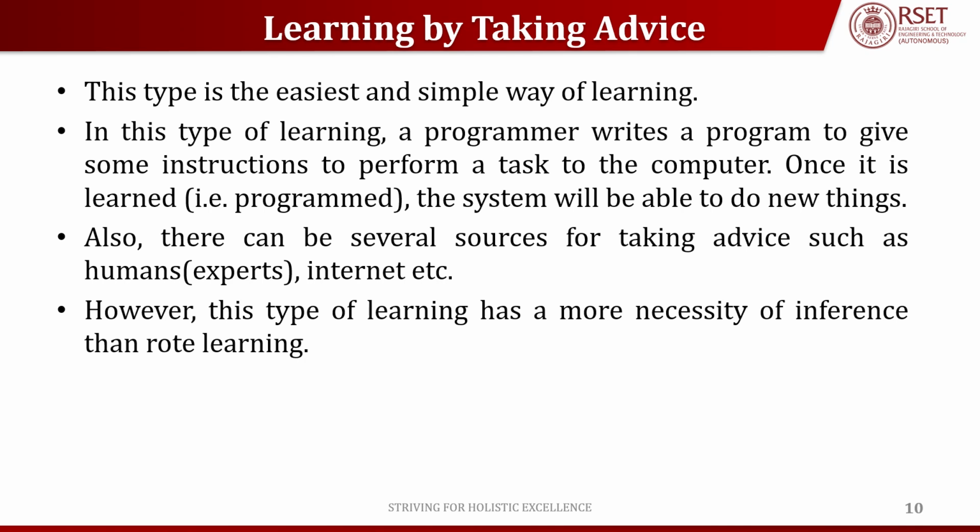Also, there can be several sources for taking advice, such as humans, the internet, etc. Even though that person is doing the coding, he or she can take advice from different types of sources. This type of learning has a greater necessity of inference than rote learning.